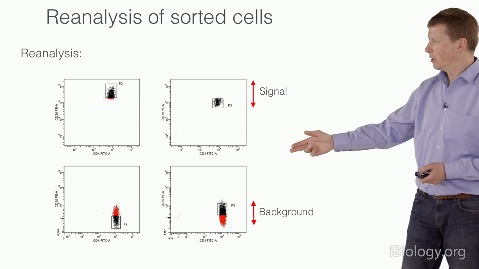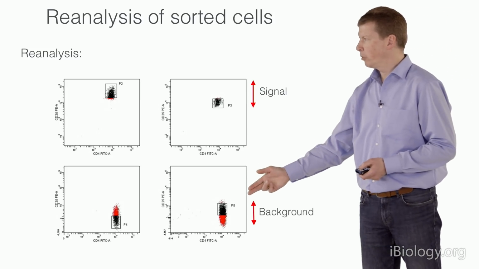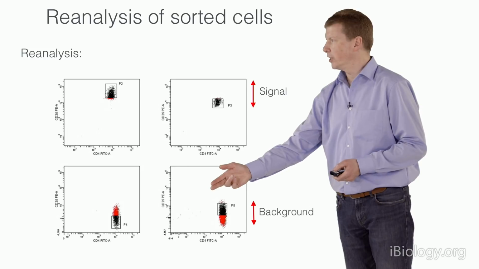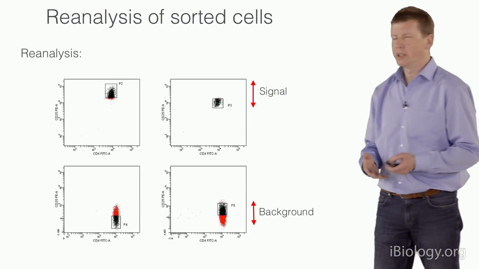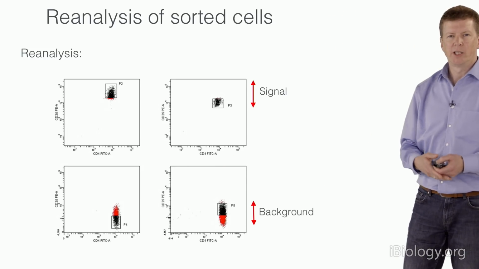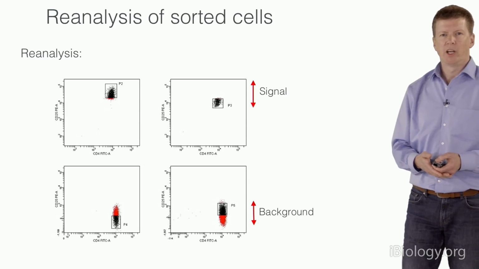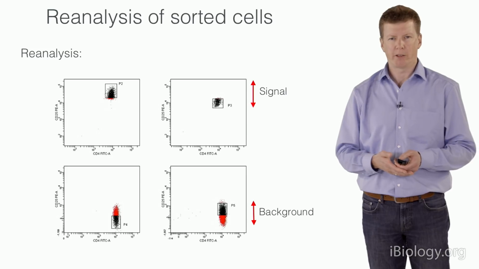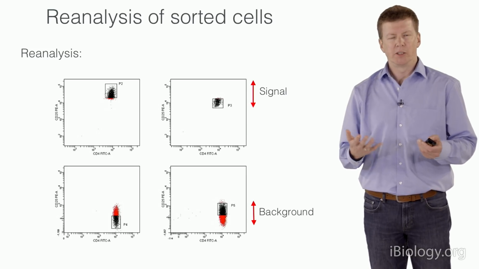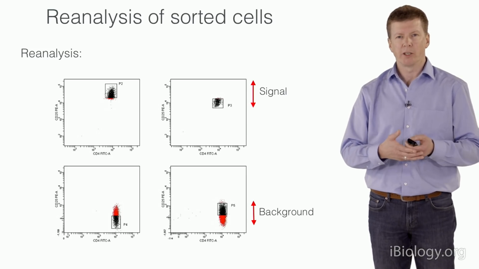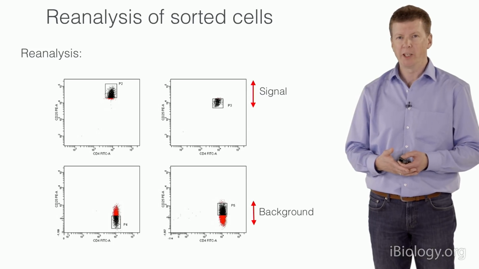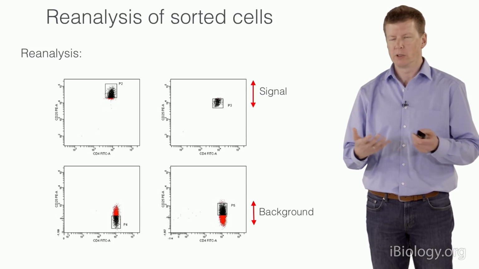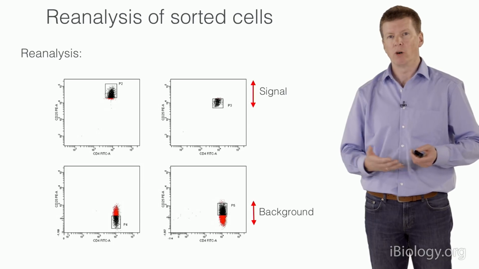Whereas in the CD25 negative population, P5 and P4 cannot really be distinguished from each other, because here we are in the background, and if you reanalyze the background, it always gives you the background back. So this is just due to the data spread inherent to the measurement and has nothing to do with being more positive or more negative.